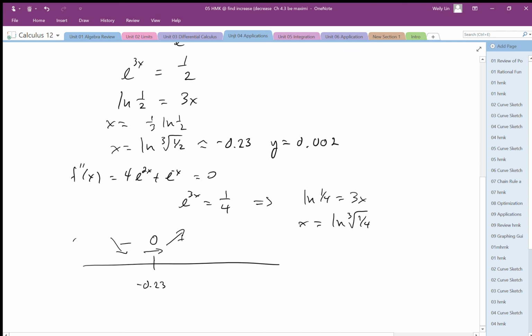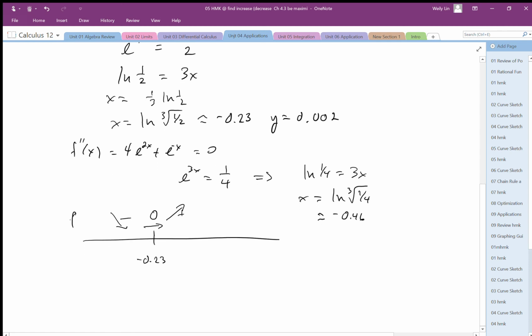And again, plugging that into my calculator, I'm going to get log of the cube root of 1/4. Okay, that gives me negative 0.46. Okay, so this is my f prime chart. Down here I'll do an f double prime.